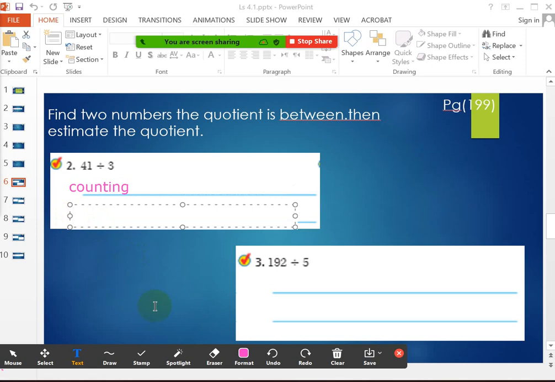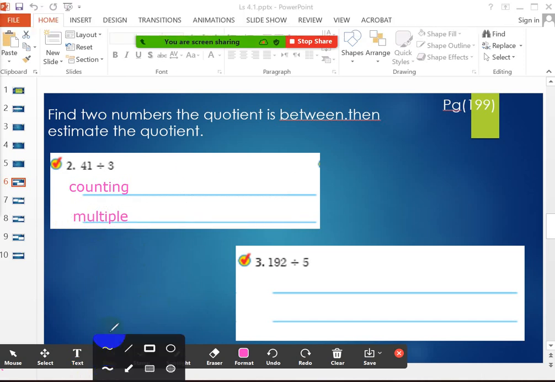Then I will write the multiples. So, girls, the counting numbers, you know that you can start from 1. 1, 2, 3, 4, counting. You have to count the numbers after each other.